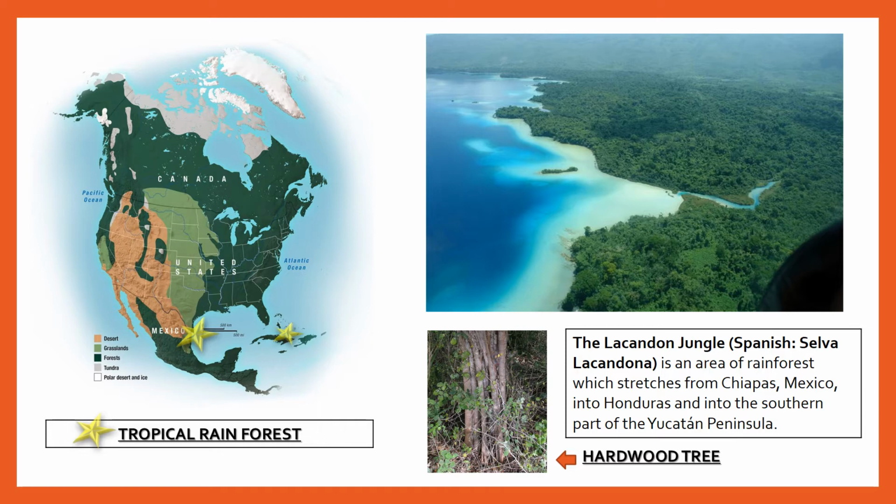Mixed forests are found here with the hardwood tree logwood. The forest found in Mexico is known as Lacandon jungle, and it is an area of rainforest which stretches from Chiapas, Mexico into Honduras and into the southern part of the Yucatan Peninsula.